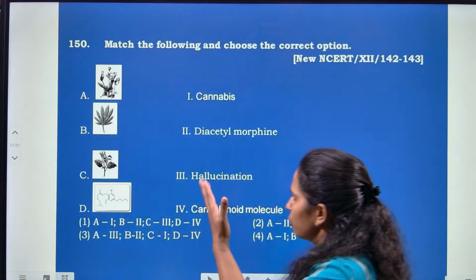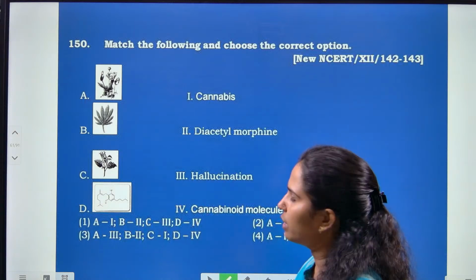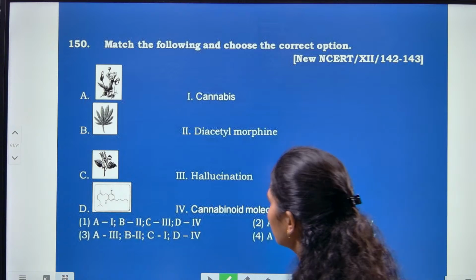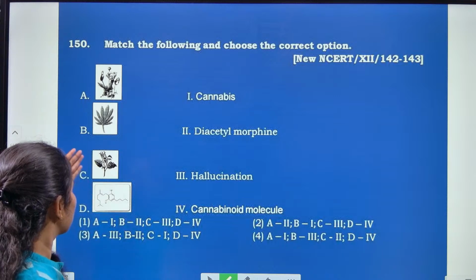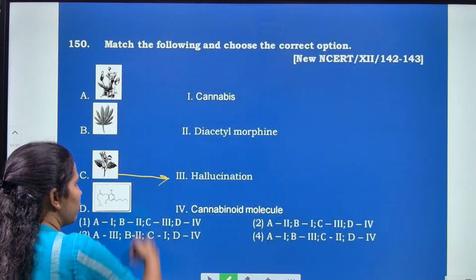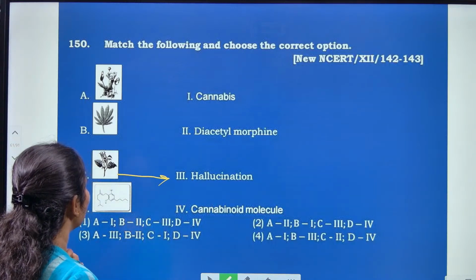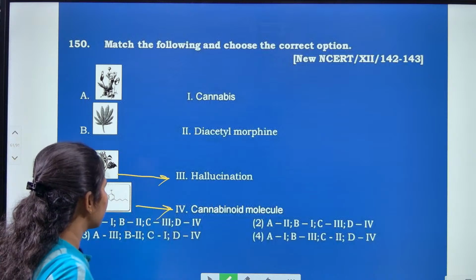Yes. So here these are the given figures or pictures. You have to identify, this is a part of the drugs here. So you have to identify which drug is going to be matched with which. So here this is a datura plant. Yes, this is going to give rise to hallucination here. The next one is a cannabinoid molecule, its molecular structure.